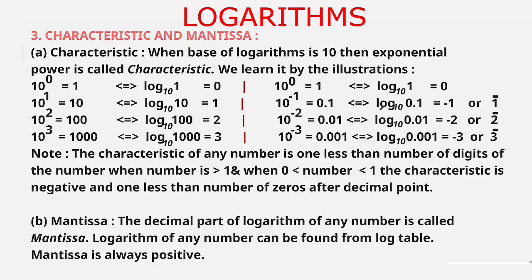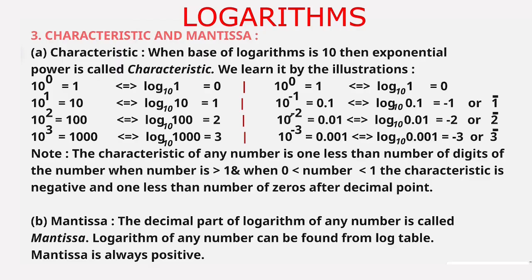Now I explain this. Here 10 to the power minus 1 is equal to 0.1. Here there is no 0 between the decimal point and 1. Therefore the characteristic is minus 1.